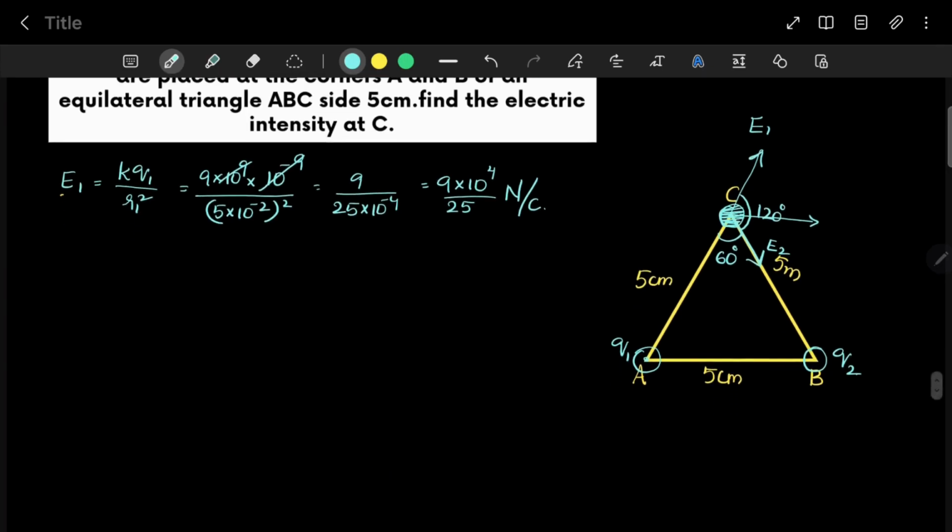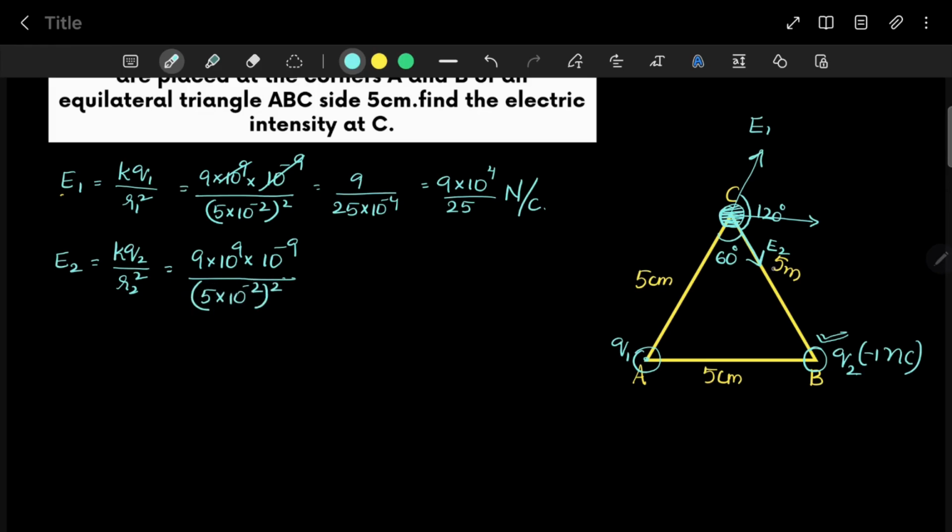Next, the electric field due to the second charge, the charge which is at B, a negative charge, minus 1 nanocoulomb, which is equal to KQ2 divided by R2 square, that is equal to 9 into 10 power 9. What is the charge? It is 10 power minus 9 because it's also a nanocoulomb. 5 into 10 power minus 2 whole square, because the distance is 5 centimeter here.